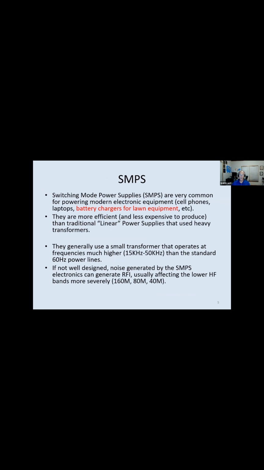They have their own oscillator internal in them, and as such, if not well designed, they'll generate all kinds of hash, especially up to about 20 meters, but sometimes even higher than that. They typically run at a frequency of 15 to 50 kilohertz versus a 60 hertz power line. And if they're not well designed, they can create a lot of hash.